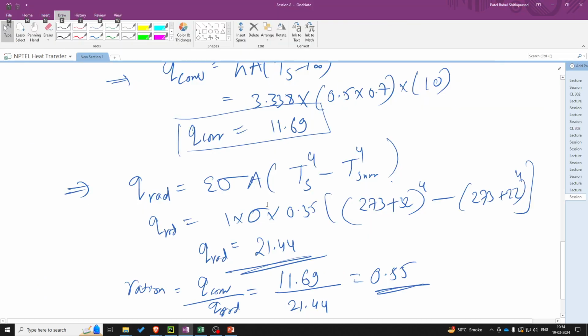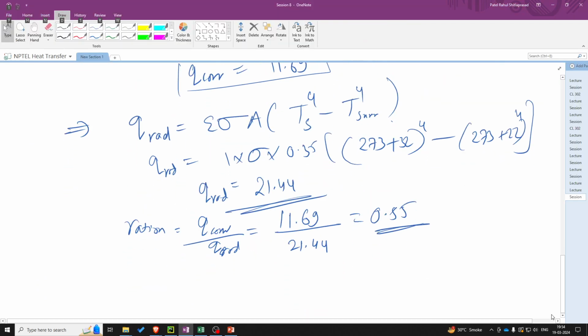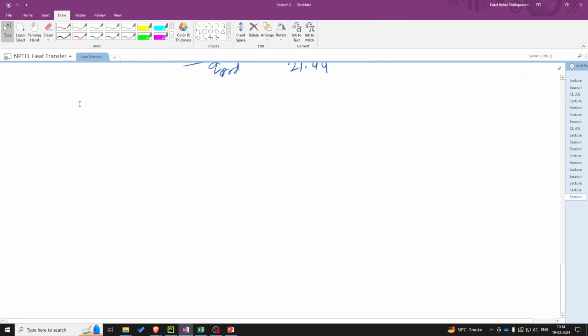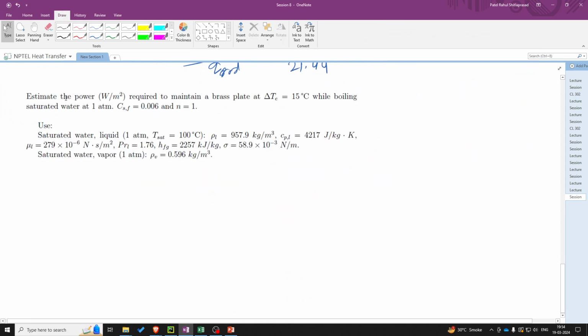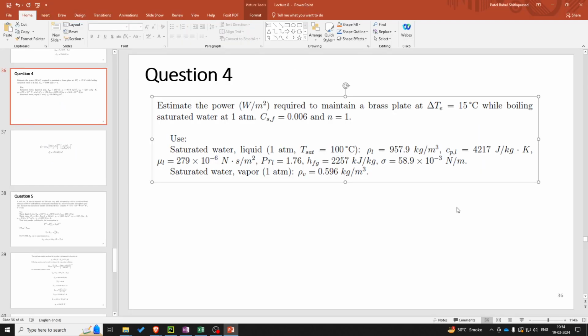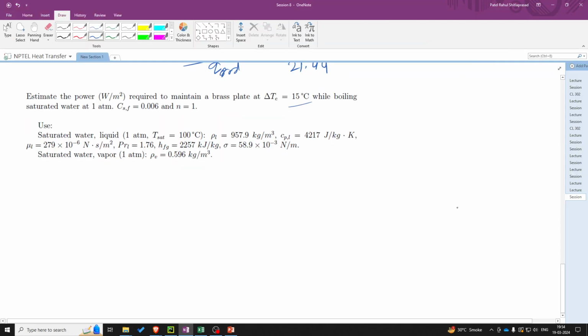Again, this is a very straightforward question where you have to directly use the formula for the power for nucleate boiling. But for that, first you need to identify that since delta T was 15 degrees Celsius, there will be nucleate boiling. And for this nucleate boiling, we need to use the equation that was provided.